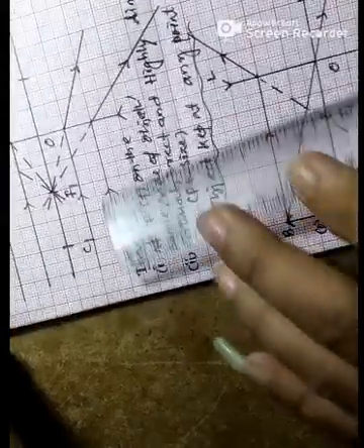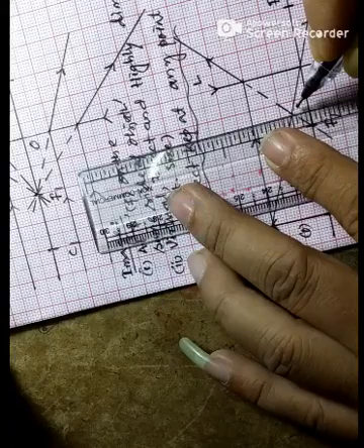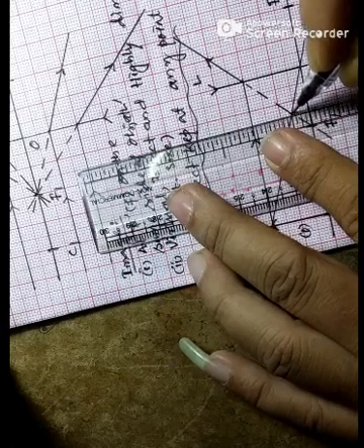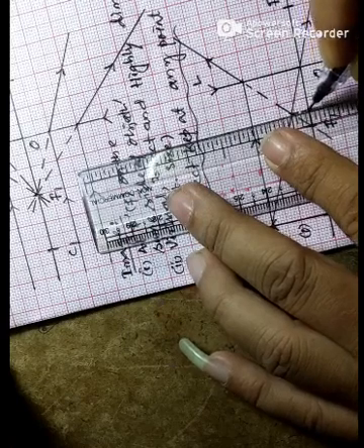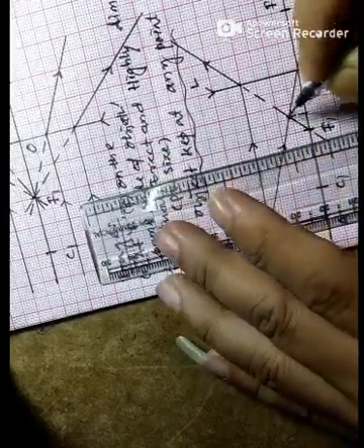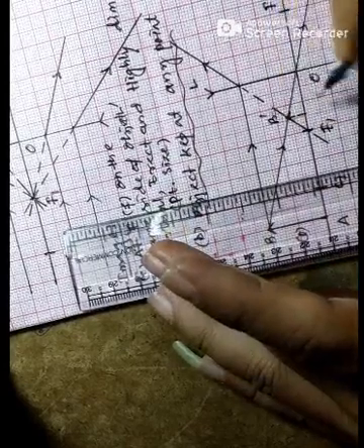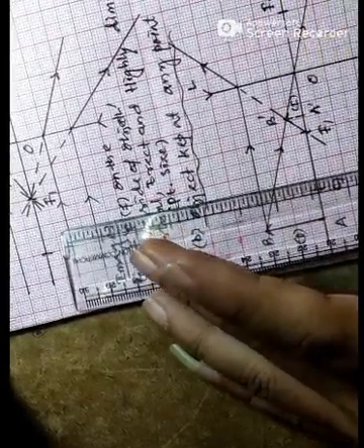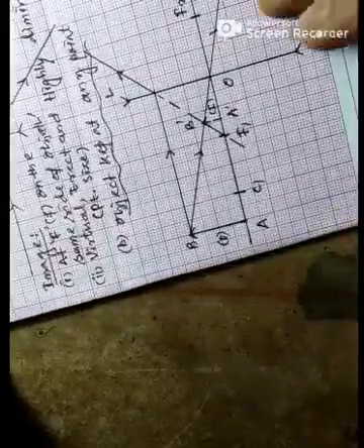From there you have to draw a dash line, because it is not a real image, it's a virtual image. And mark this as B dash. This is our A dash. So this is our image. Got it?